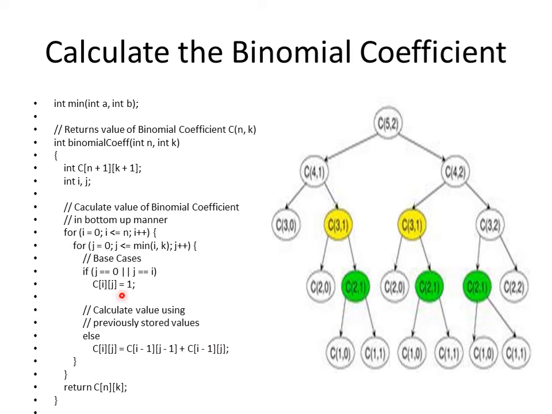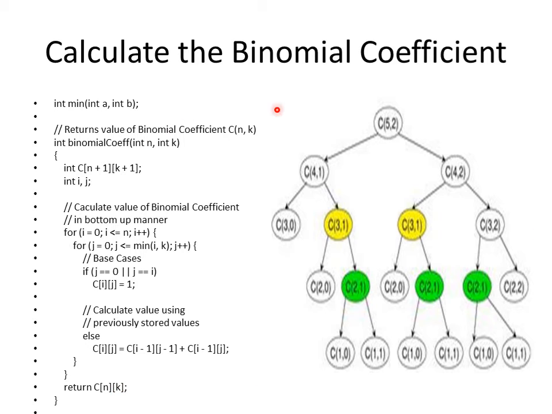This continues until the condition is false, first for the j value and then for the i value. When both are false, it comes out of the loop and prints C of n, k.